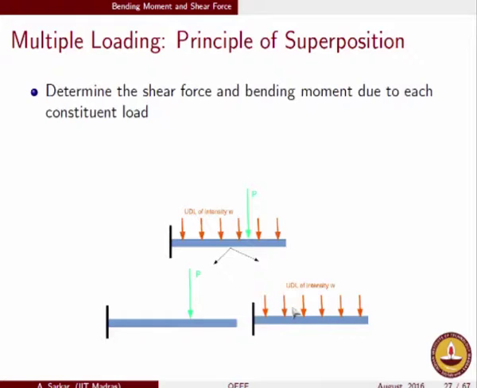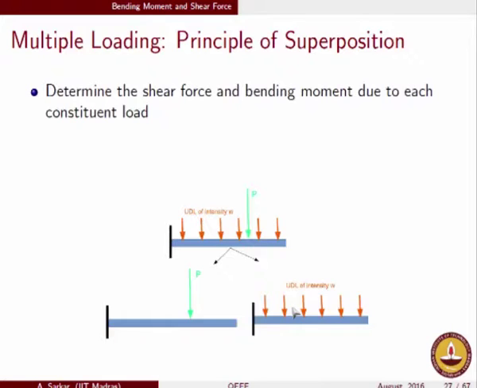This will work as long as situations are linear, and we are assuming in this first course that your beam behaves linearly. You need to know much more to understand why this assumption is required, and when it fails, which will come up much later in a more advanced course. But at this level, it is assumed that your beam is behaving linearly, which essentially means you can divide and rule.